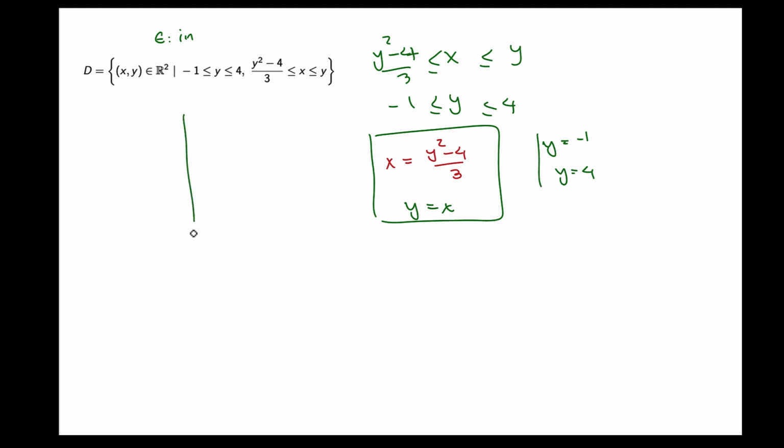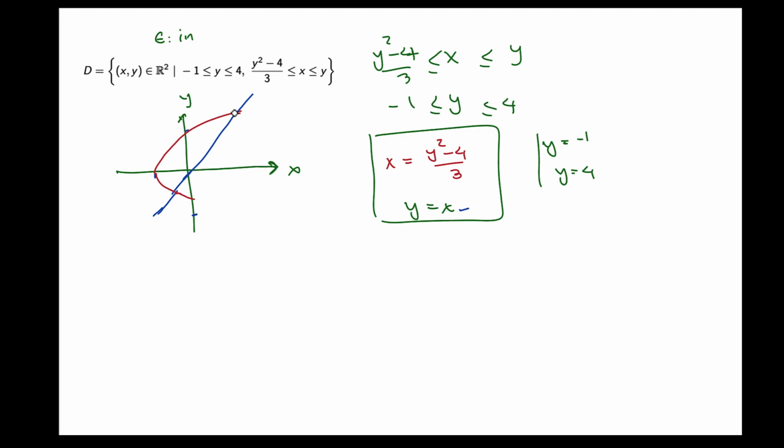And this one is y equal to x, like that. And here is the parabola, and it opens up in this direction. If I plug in y equal to 0, I get negative 4/3, so somewhere around here is the x-intercept. If I plug in x equal to 0, I get y equal to 2 and y equal to negative 2 right here.